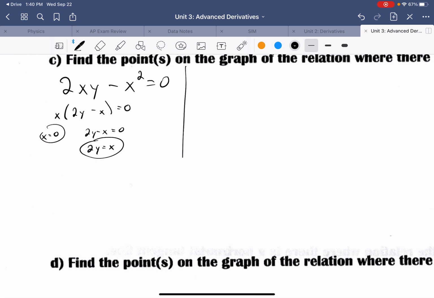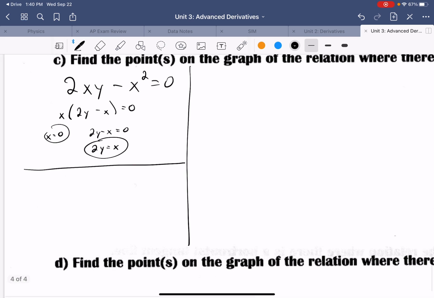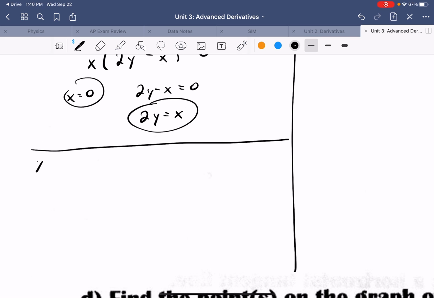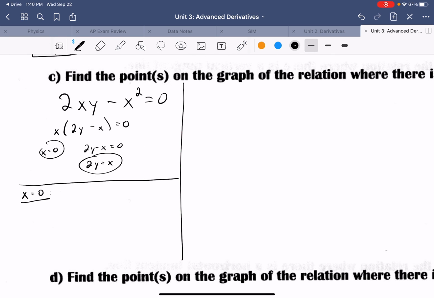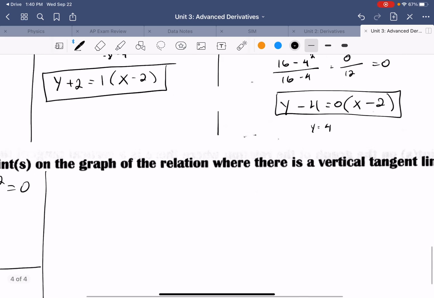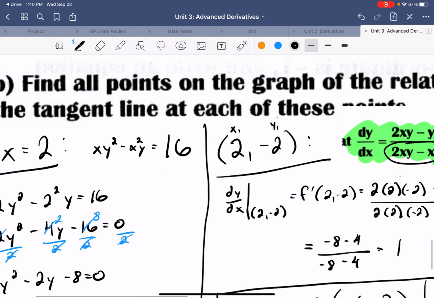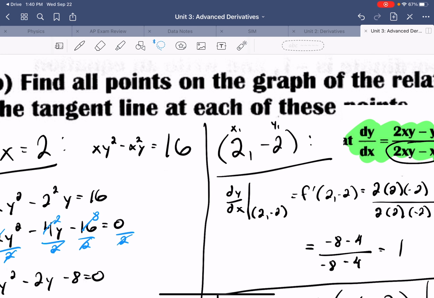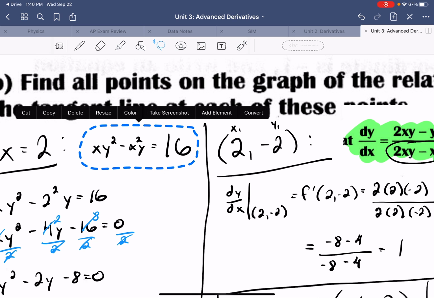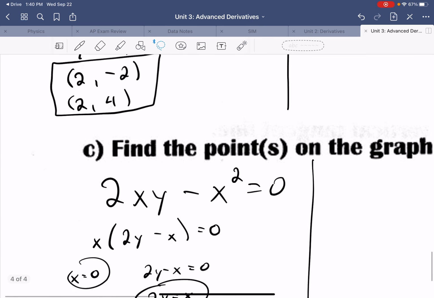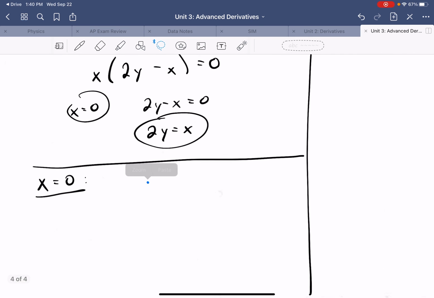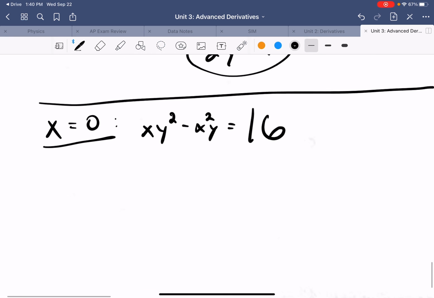So let's start off by checking x equals 0. I want to see, is there a legitimate point for x equals 0? So I'm going back to the original equation, which I have written here, and I'm plugging in x equals 0.